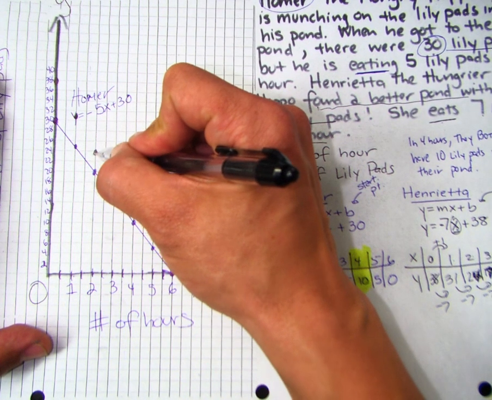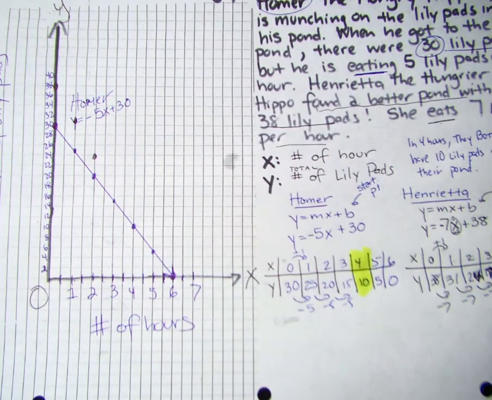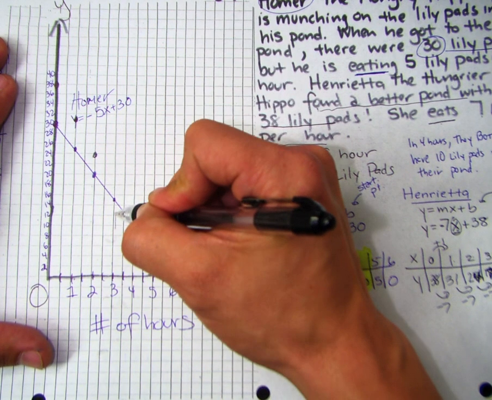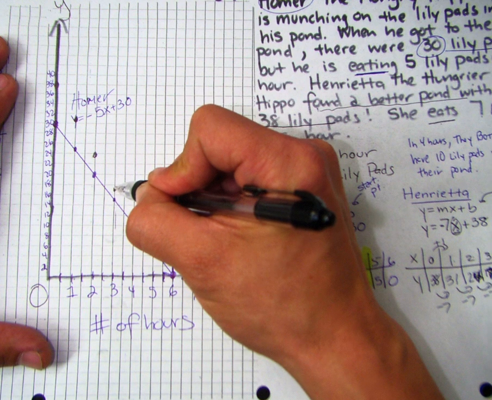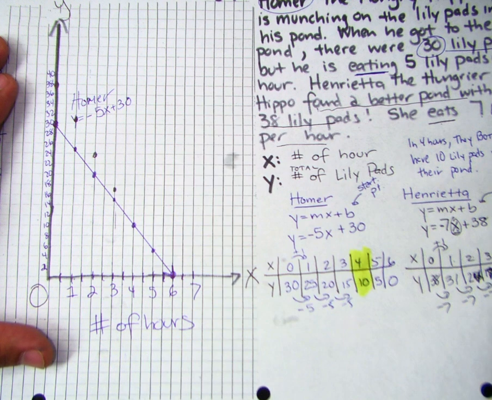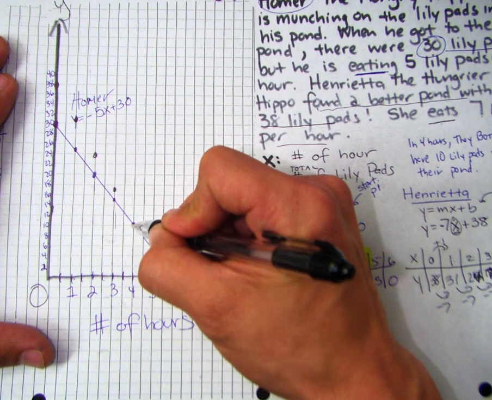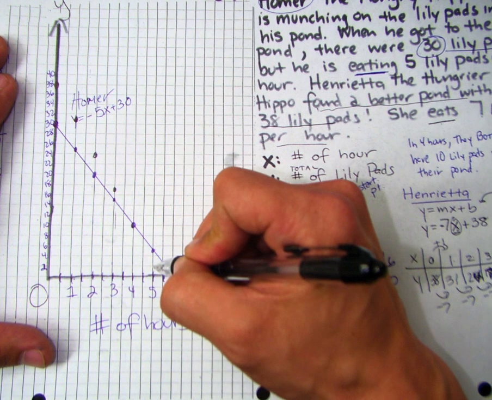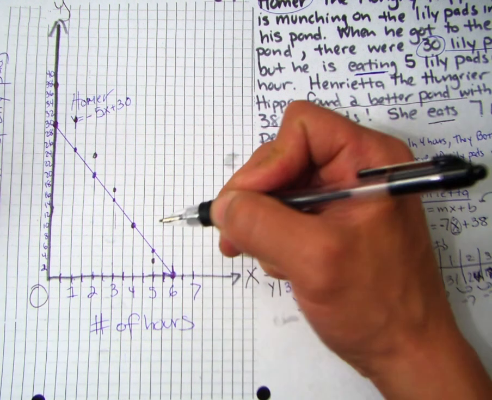Right there! Very good. 3, 17! And 5, 3. And we're done.